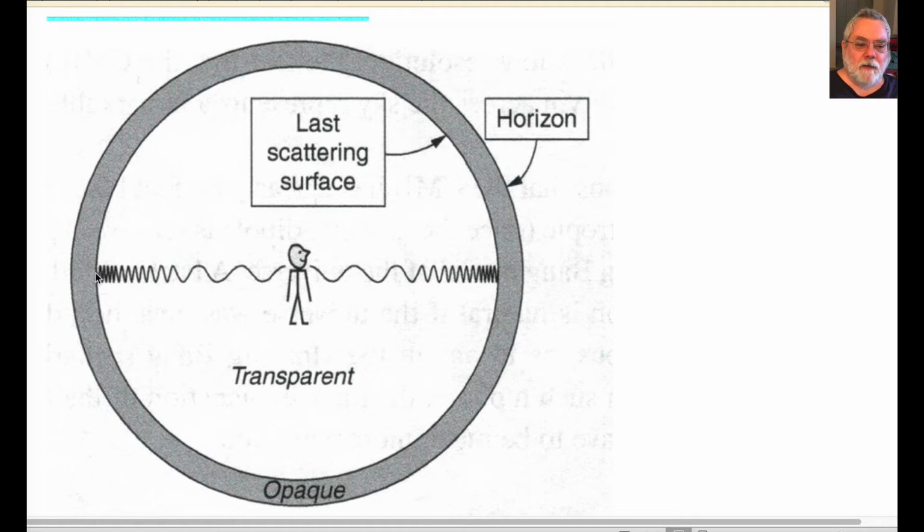From last scattering till now, those photons have been traveling the universe and getting redshifted with the expansion of the universe. First, they became redshifted to infrared, so no longer in our visual range.